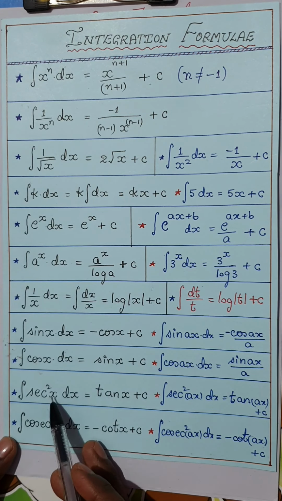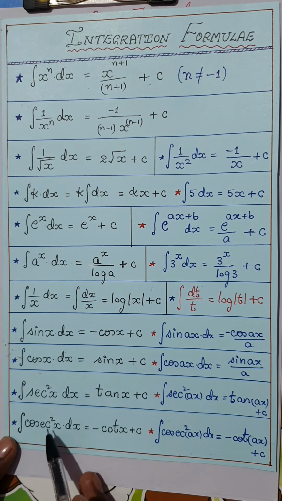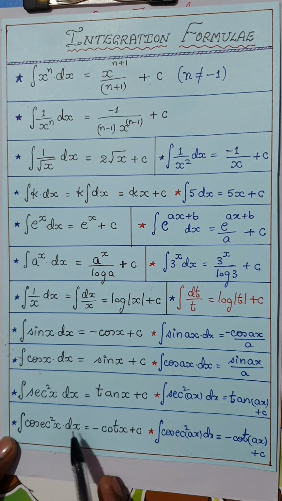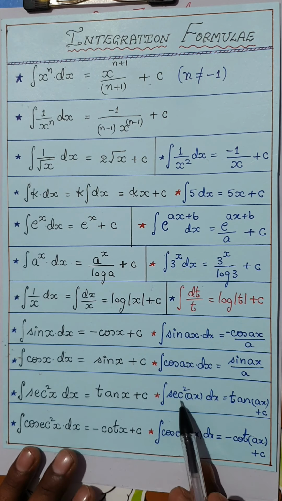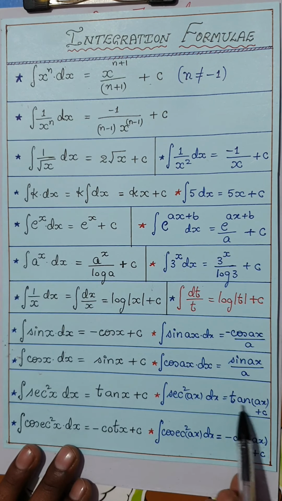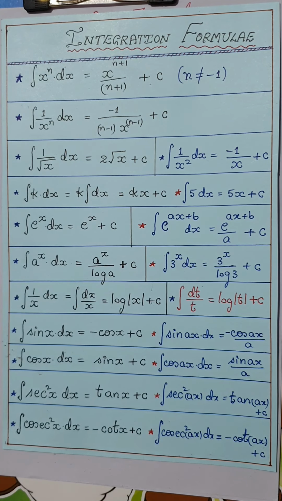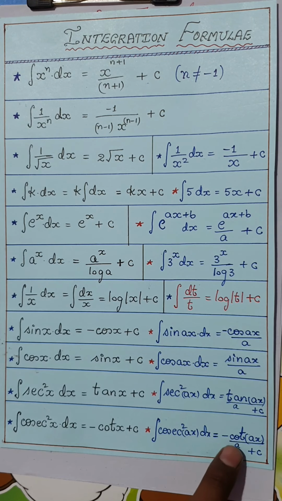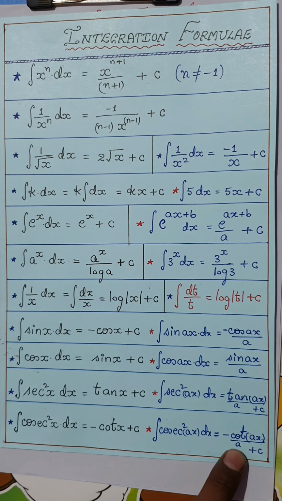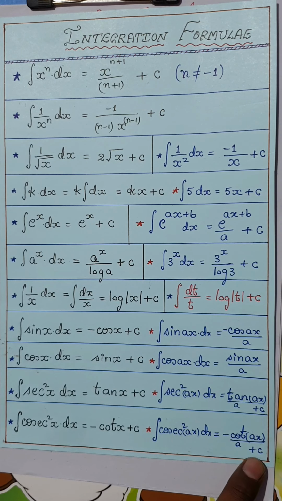Integral of secant square would be tan x, and integral of cosecant square would be minus cot x. In case you have integral of secant square ax, it would be tan ax divided by a. So integral of cosecant square ax would be minus cot of ax divided by a, and for definite integrals we are not going to consider plus c.